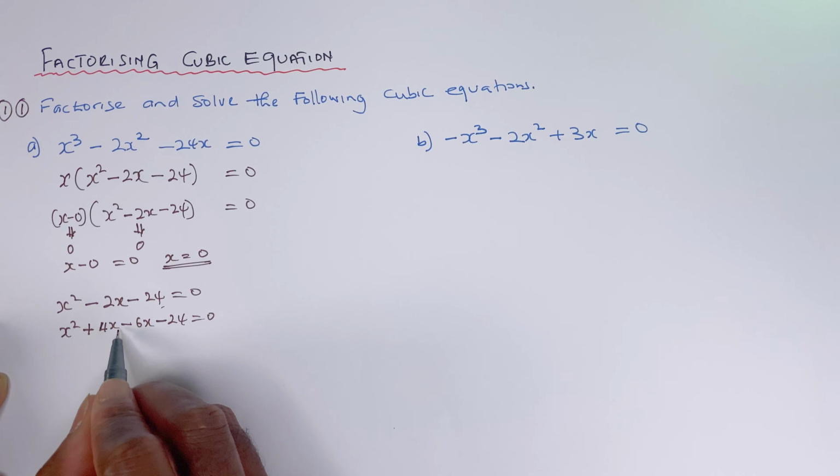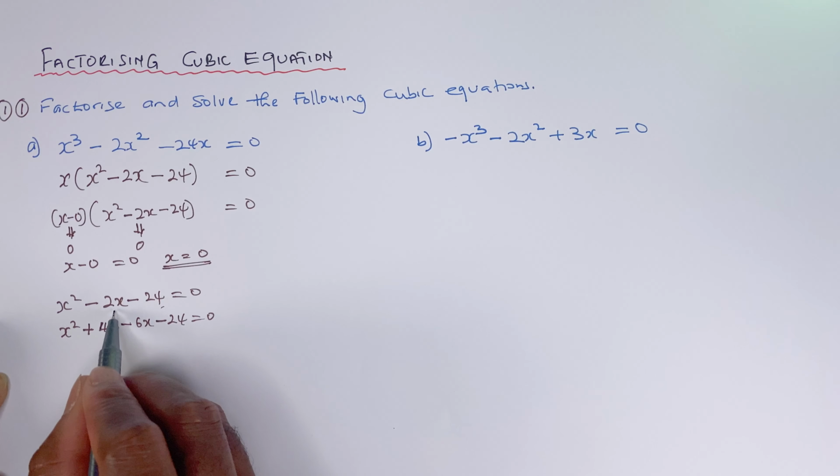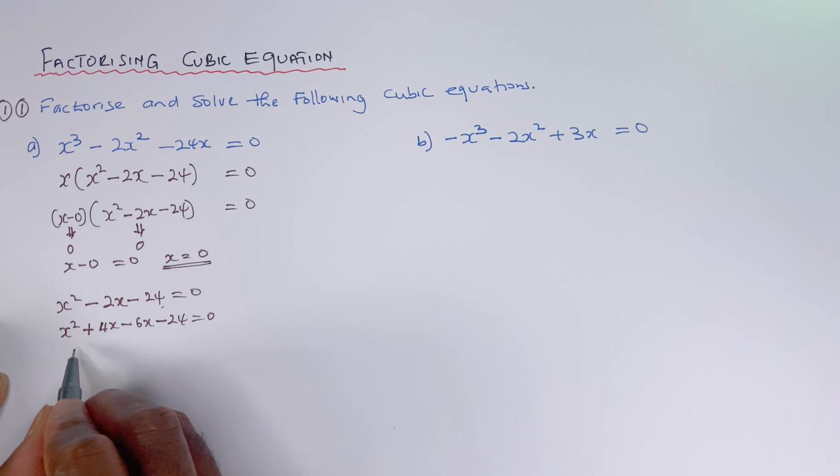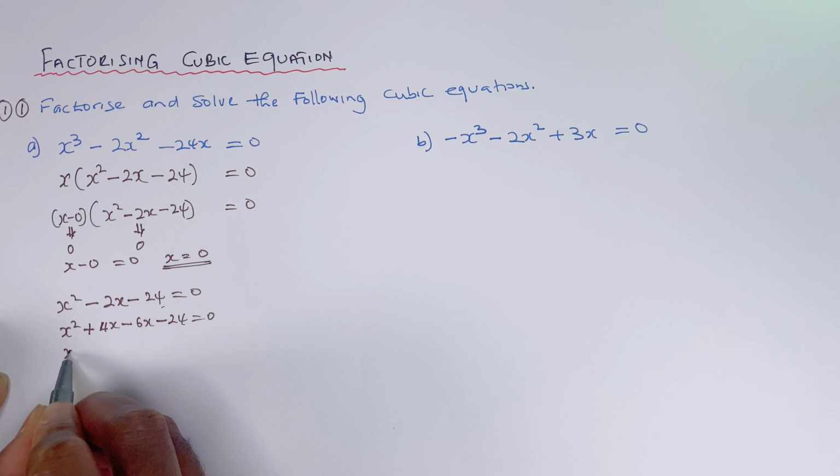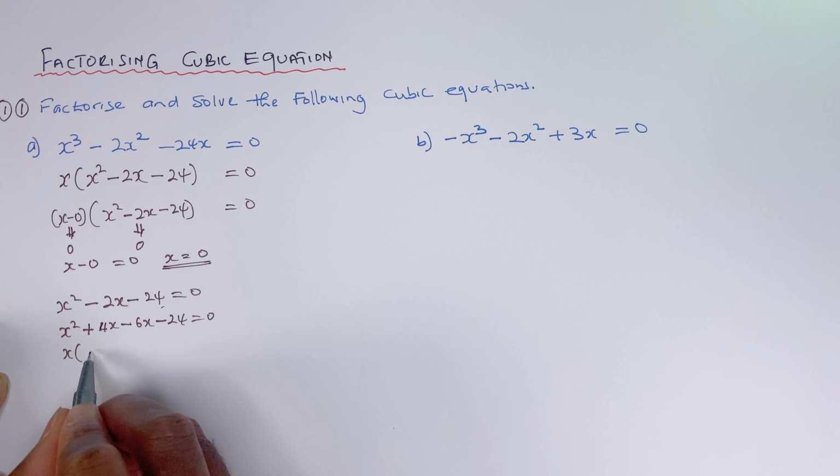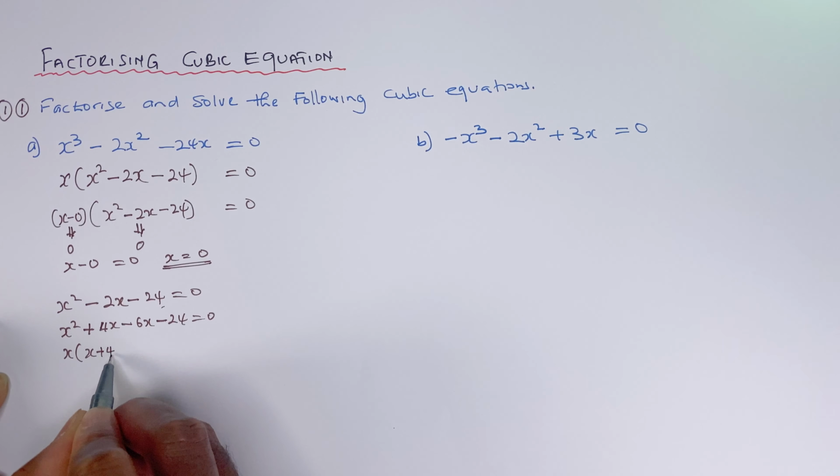So 4x minus 6x will still give me minus 2x. The common factor here will be x into bracket x plus 4.